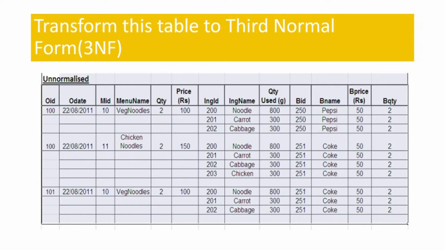For this table, we can find three types of anomalies: insertion anomaly, deletion anomaly, and update anomaly.